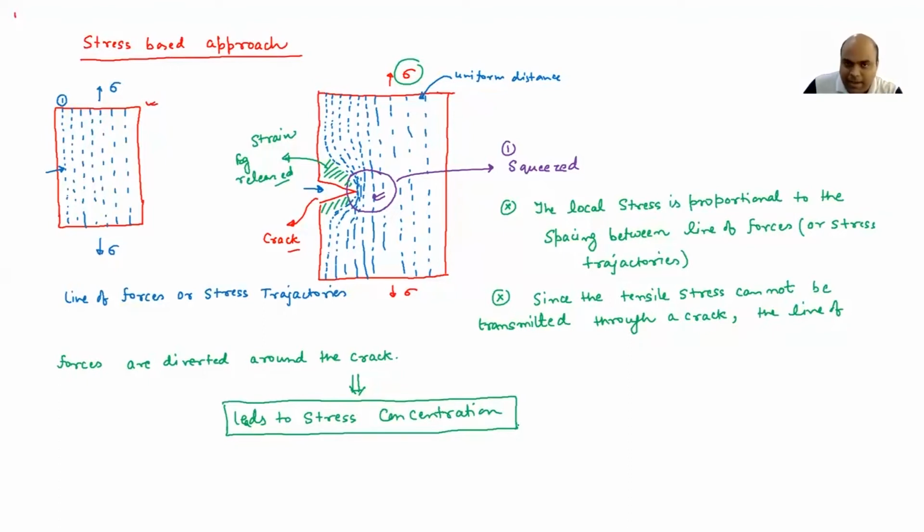Whenever there is a crack, locally you're going to have stress concentration, which can lead to a stress at the crack tip much higher than the applied stress. Even if the applied stress is lower than the yield point, locally it can be higher than the yield point, even up to the theoretical strength value, which can lead to fracture. Even if sigma is in MPa, locally it can be in GPa. That is the whole concept of the stress-based approach.